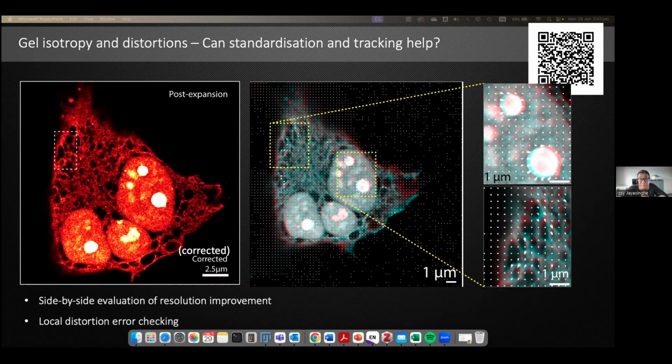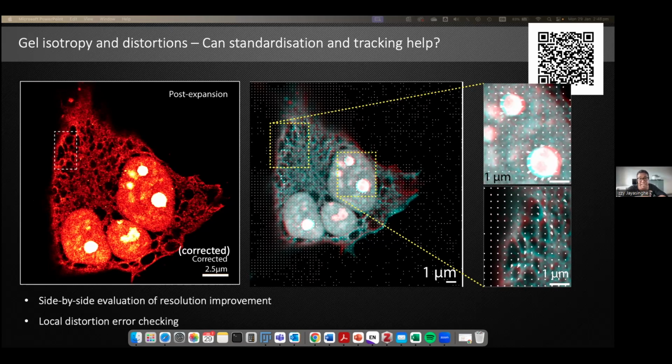We have done a few experiments on 10 times expansion. The errors tend to be accentuated as you go to higher and higher expansion factors, which is probably not surprising. But it also comes down to the material that you're using. In adherent cultured cells, the errors or distortions are relatively minor compared to tissue.